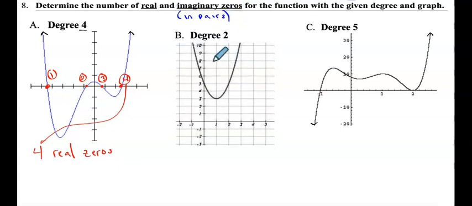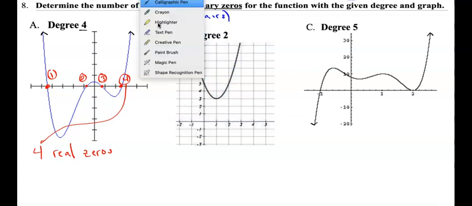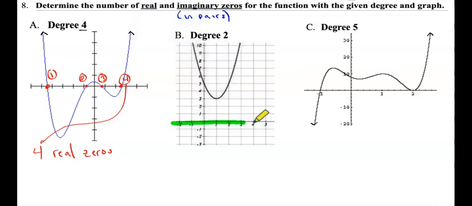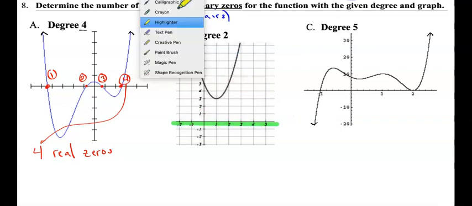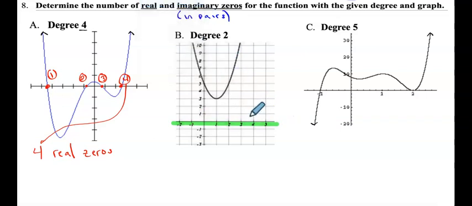So if you look at this, where does your graph cross the x-axis? Right, so if I'm looking at my x-axis here, I'm seeing that there's nowhere that this graph crosses the x-axis. Yet some zeros exist. So there are going to be some zeros, and since this is of degree 2, I can see that there's 2 imaginary zeros.